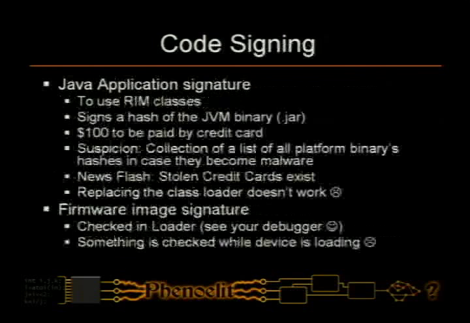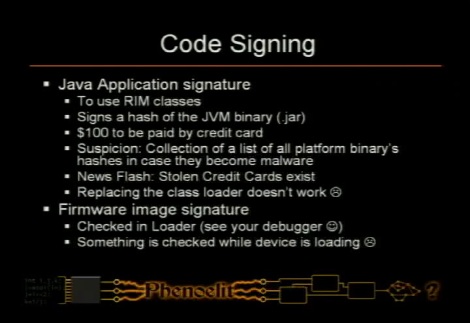Now how that works is you write a piece of code, and then the development environment takes a hash of your Java package, and this hash needs to be sent to RIM, and you need to get an account with RIM that costs you $100 one time, and you pay this by credit card.